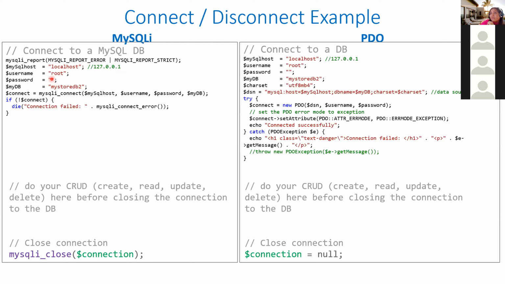By default, the user is root and the password is empty. And the database that we just created is MyStoreDB2. But here goes the name of the database that you created. And just use this method, mysqli_connect, with these parameters, and you have the connection.